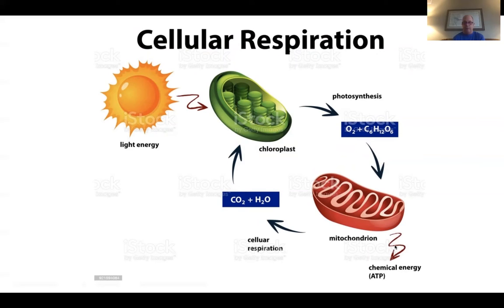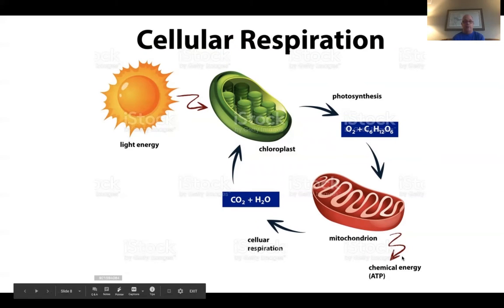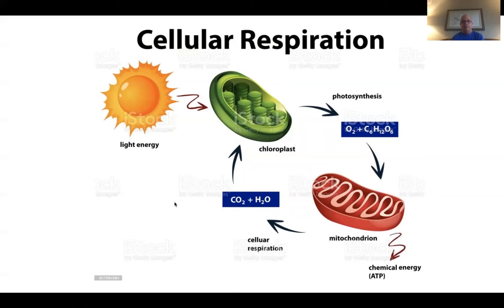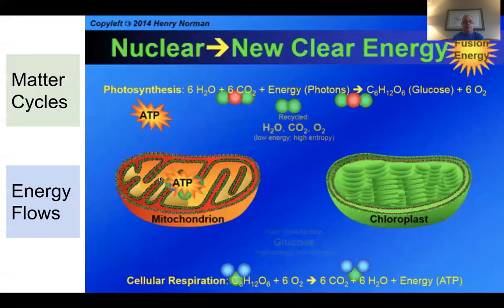But this little squiggly here is the ATP that it sends out to the rest of your body. Where does that energy originate from? That energy originates from the sun. We're going to focus today and this week on the energy coming from the sun and going in one direction. The molecules, on the other hand, are constantly being recycled. Those are the two big ideas we want to hit.